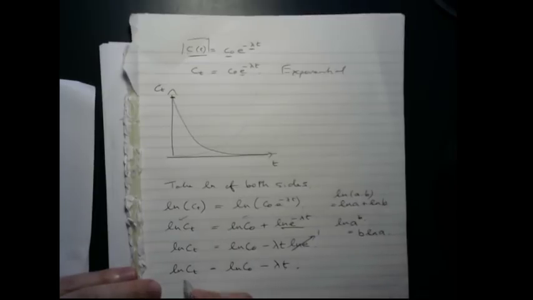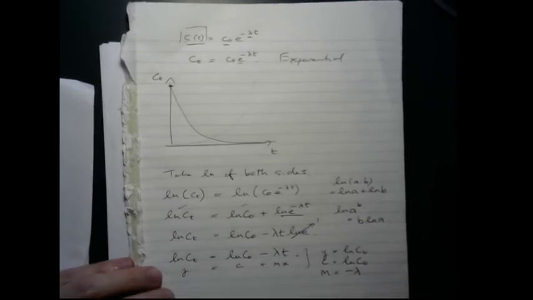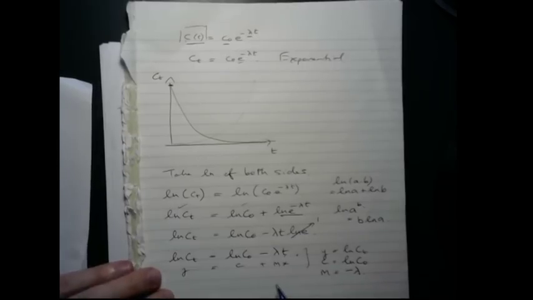So I could rewrite that as y equals mx plus c, where in this case y is equal to ln Ct, c is equal to ln C0, and m equals minus lambda. Make sense? Good. So that's important. You should know how to do that.